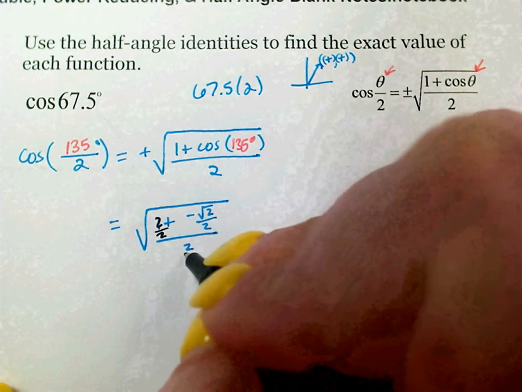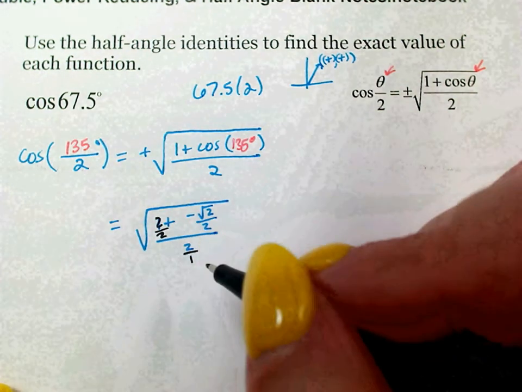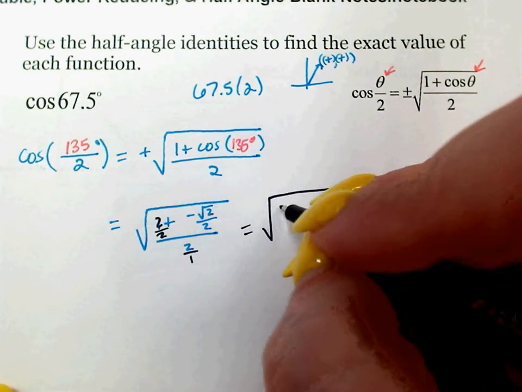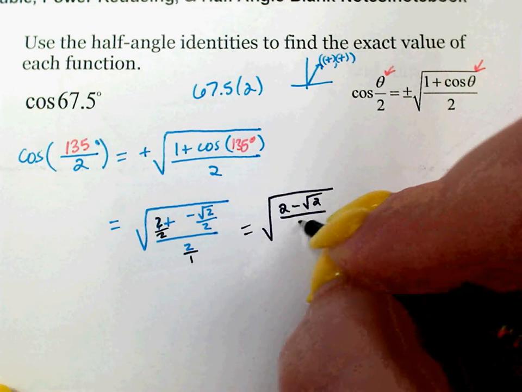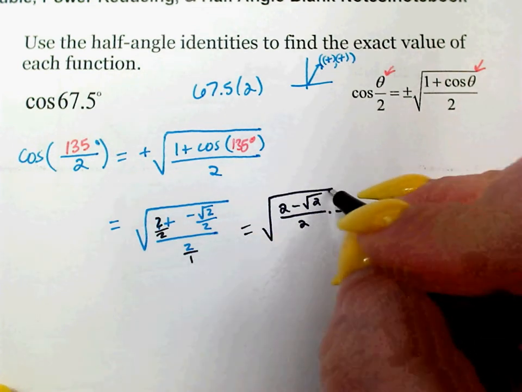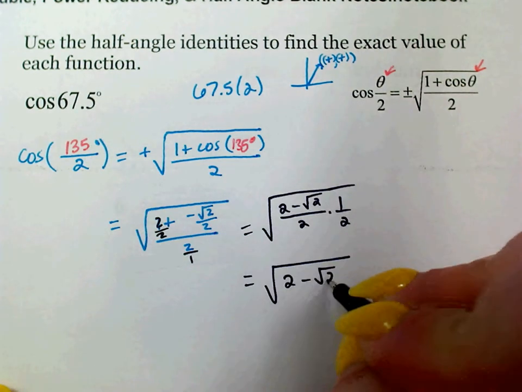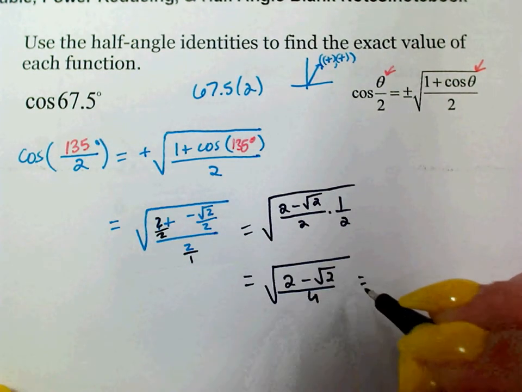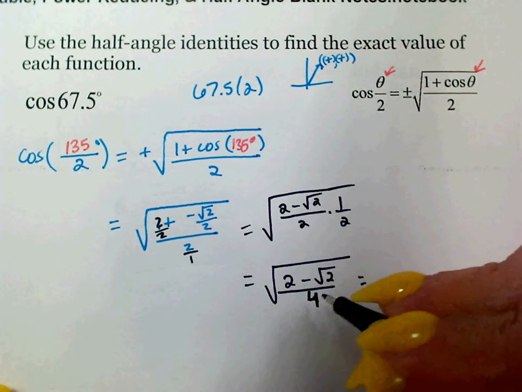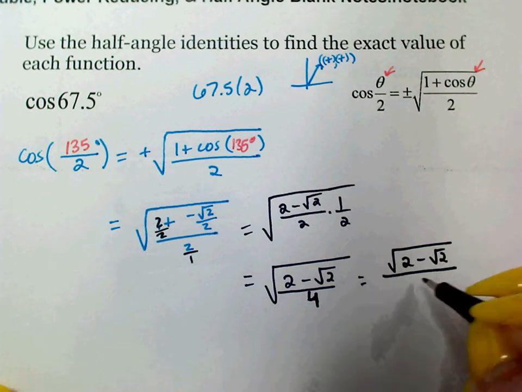So anyway, I end up with the square root of 2 minus the square root of 2 over 2, divided by 2 over 1, which means multiplied by 1 over 2, and this becomes the square root of 2 minus the square root of 2 divided by 4. Split up the square root on top and bottom. So this becomes the square root of 2 minus the square root of 2 divided by 2. And that is what cosine of 67.5 degrees is.